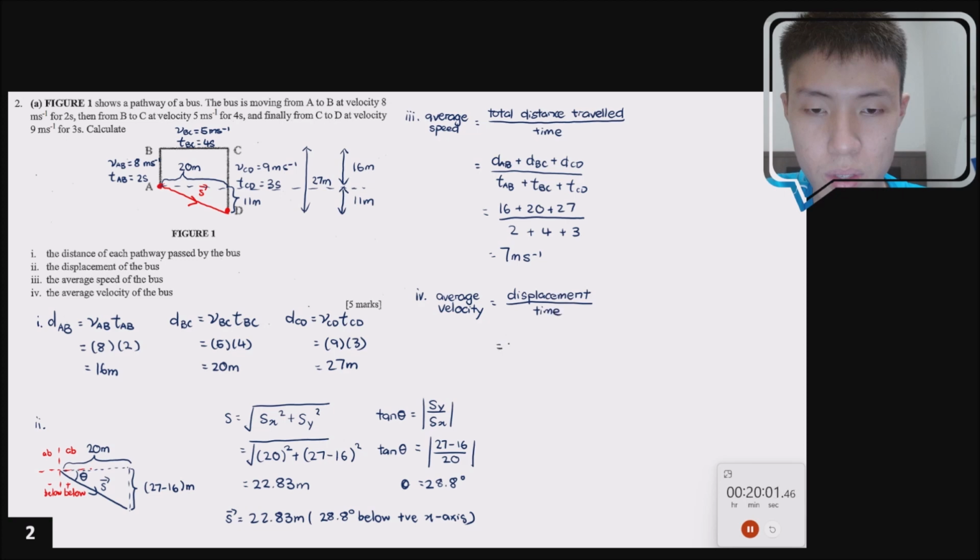So we know that our displacement, the magnitude is 22.83, so you can put this as our displacement, and the time will be 2 plus 4 plus 3. I should write a line TAB plus TBC plus TCD, but never mind. Continue. 22.83 divided by 2 plus 4 plus 3, you get 2.54 meter per second.